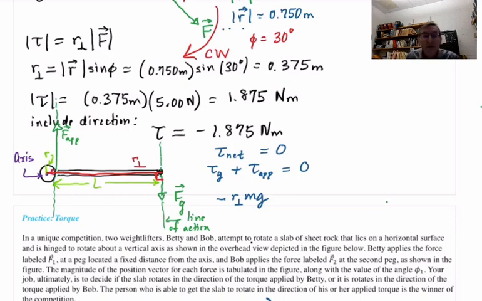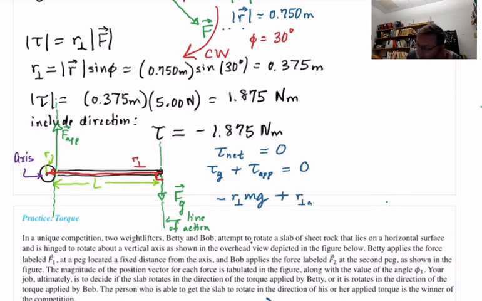It's almost too small to see. And which way would F applied cause the stick to rotate? Notice the axis is to the left of it, and F applied is pointing up. Don't worry about F grav, just look at F applied. It would cause counterclockwise rotation. So that's a positive torque. And I need its moment arm.